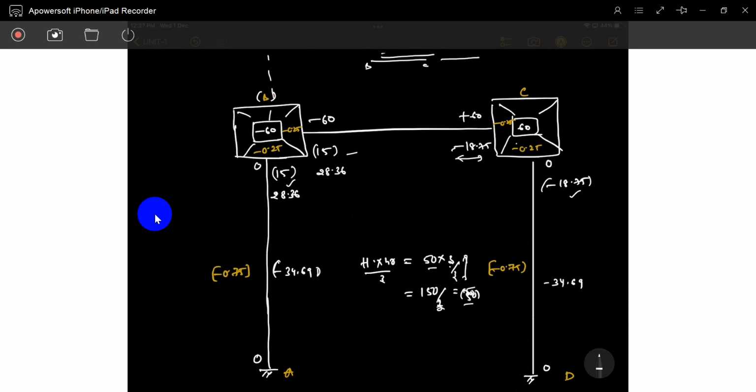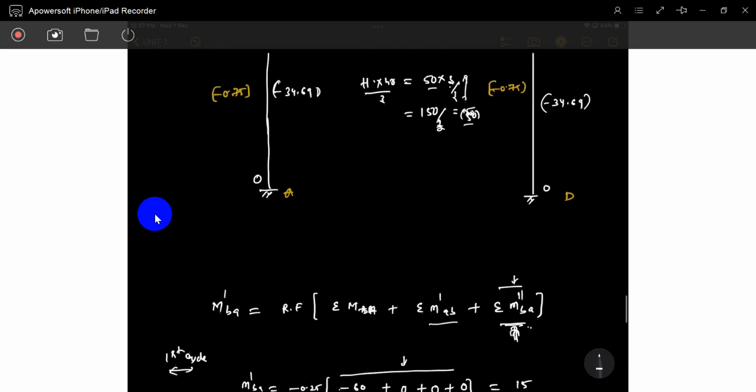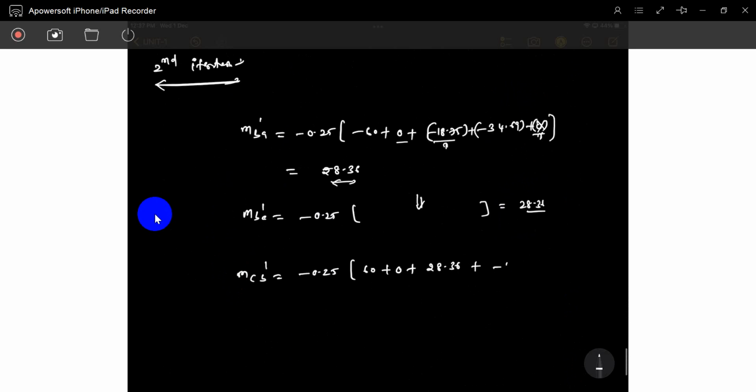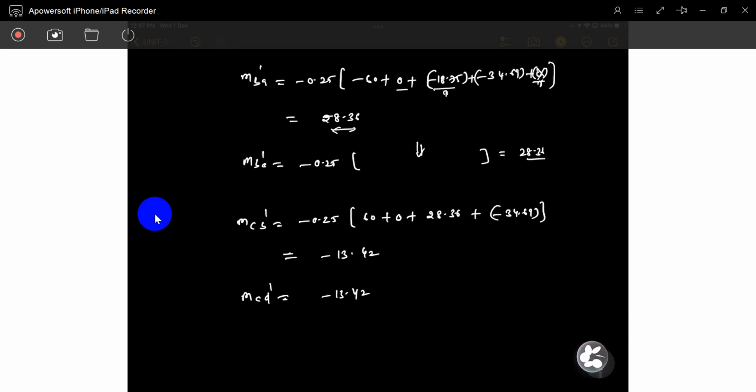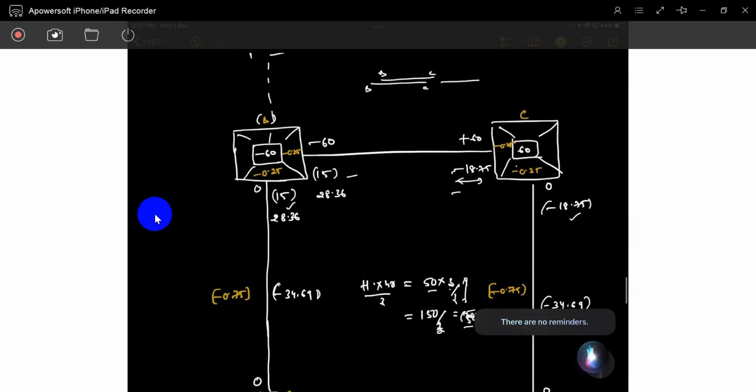For CD it's 34.69, which we already calculated. What is this value? This value is minus 13.42. For CD also you will get the same thing. Minus 13.42. Okay, so that's it.